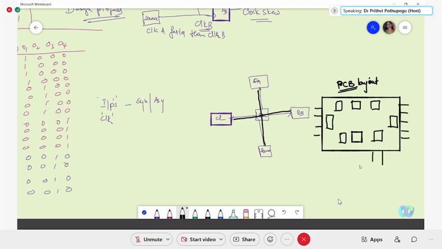Your PCB. If you open the PCBs of any of the gadgets, you can see the copper clad having the ICs and every component placed in a systematic format such that there won't be any sort of skew coming over. Skew can be because of your clock or because of your inputs or outputs.